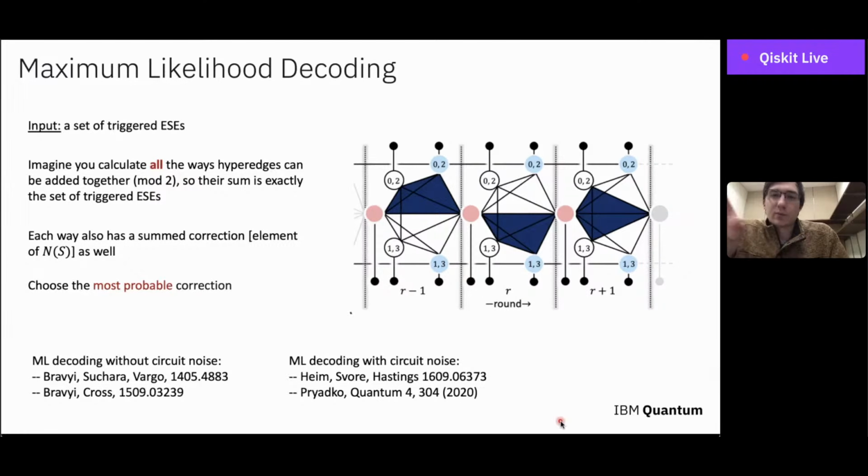So you look at all these combinations that give you the observation that you see, and each of those combinations also tells you some correction to apply. And then you just choose the most likely correction. Okay, so this is an exact maximum likelihood decoder for circuit noise, which is in the spirit of these two papers, Sawarry, Hastings, and also Priagla.